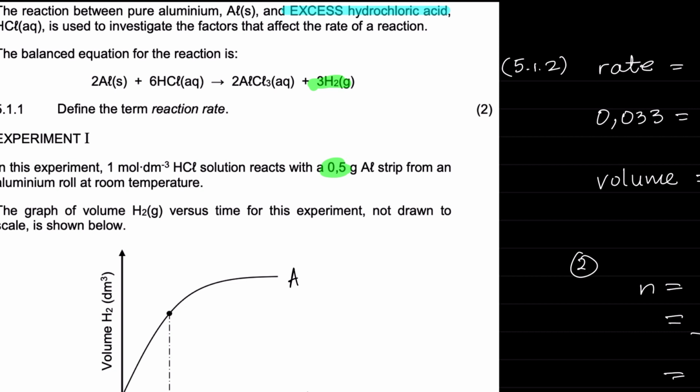So even if you increase the concentration of the HCl, since it's in excess, the volume of H2 gas that's formed isn't going to change because it's the excess reagent. However, since the concentration has increased, the rate will increase, but the amount of hydrogen gas that's produced is going to remain the same.